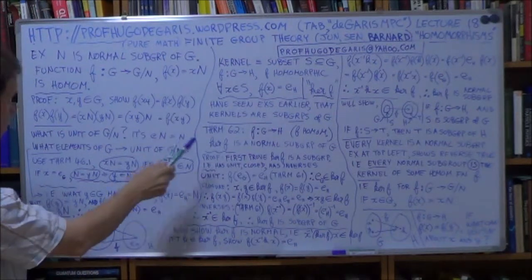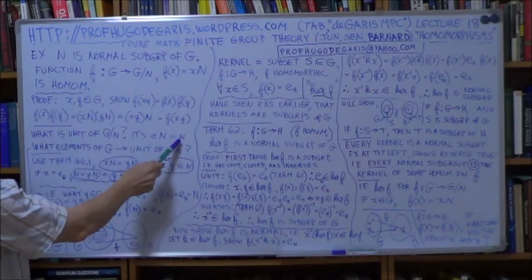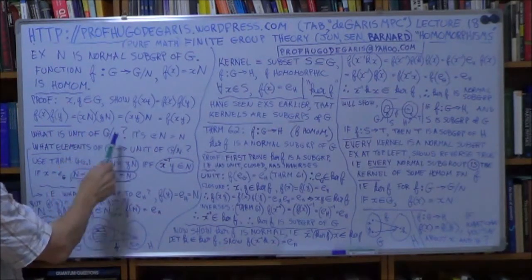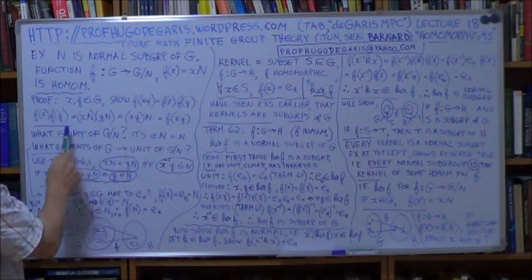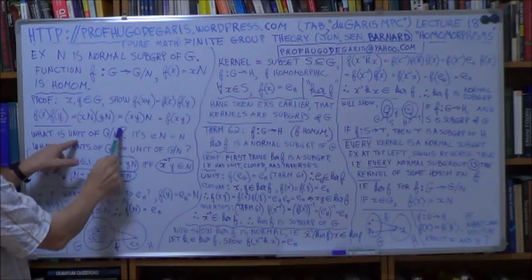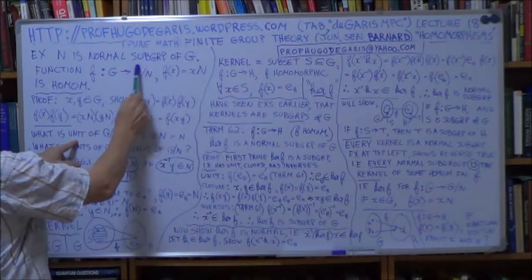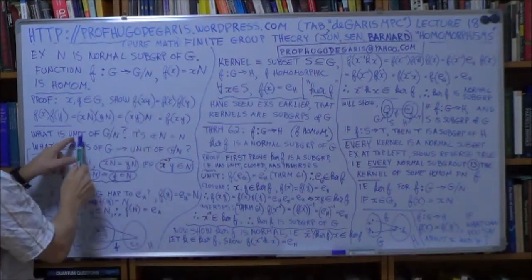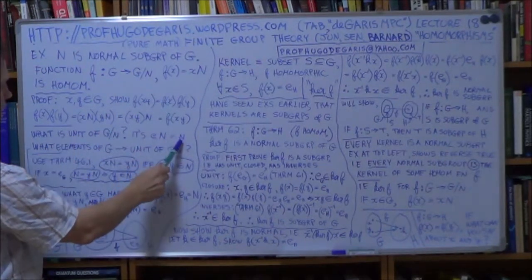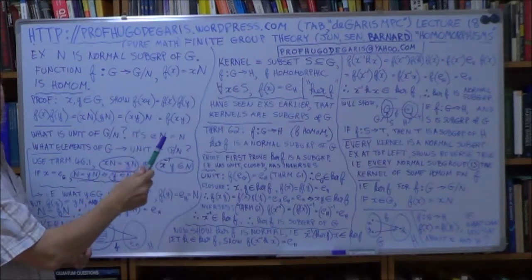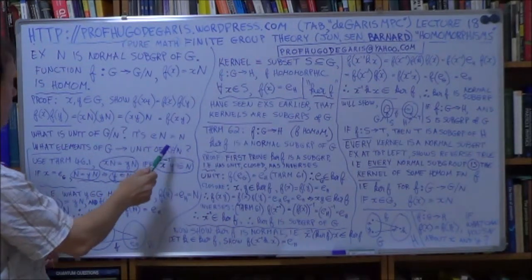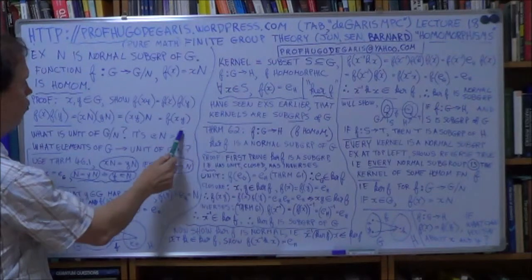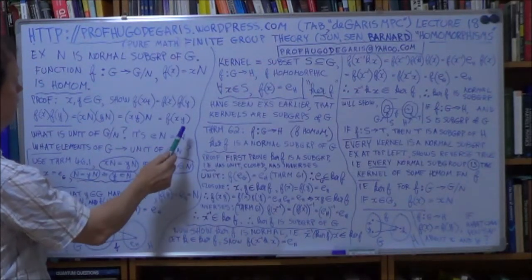Well, it was N. So you're asking the question, what's the unit of G/N? Here's your quotient group. What's its unit? Well, it's N. So if you map N, you'll get the unit.